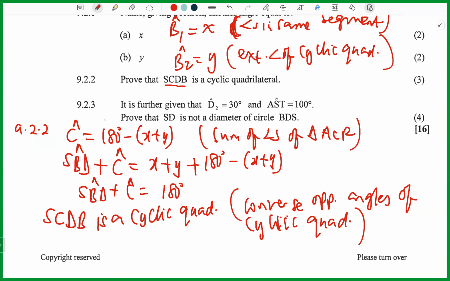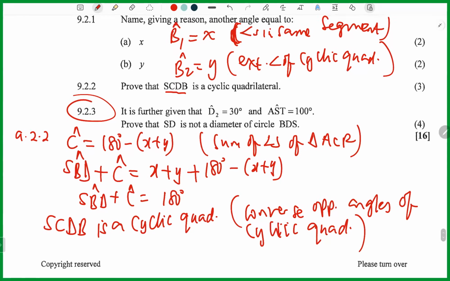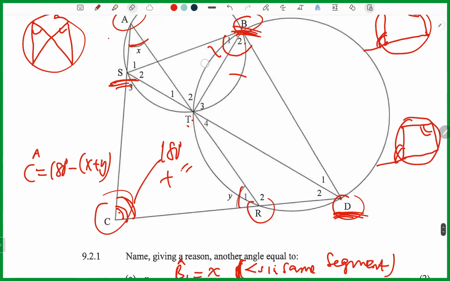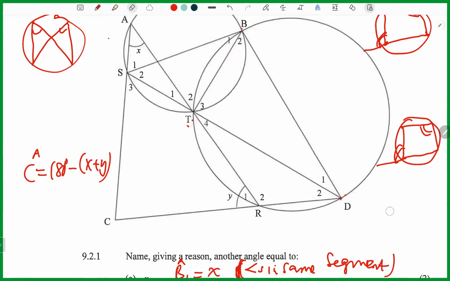So now the next question we shall do is 9.2.3. It is further given that D2 equals 30 degrees and AST is 100 degrees. Let me clean the board up. The diagram has become quite untidy, so that you can see clearly. It will help us.